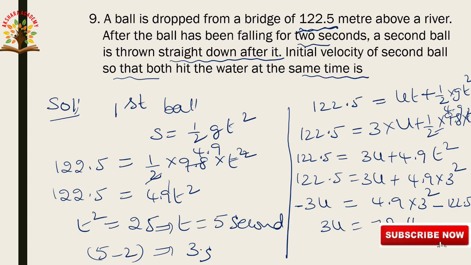So u equals 78.4 by 3. Finally we get the answer, 26.1 meters per second. This is the initial velocity of the second ball so that both hit the water at the same time.